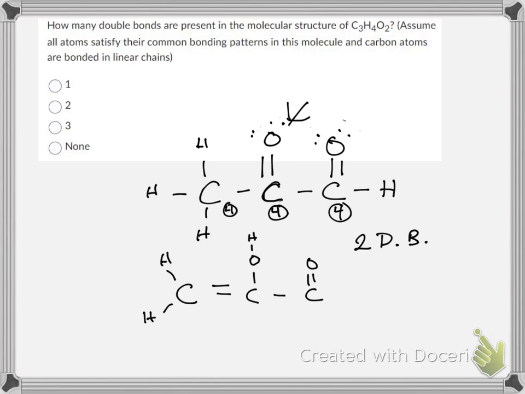We could put a double bond on that O. And now to complete the bonding patterns, we would have 4 hydrogens. So we have the same formula, a molecule with very different properties than the one we drew initially, but it still needs 2 double bonds. So any way that you draw this molecule, you're going to need 2 double bonds to have the correct formula and the correct bonding capacity.